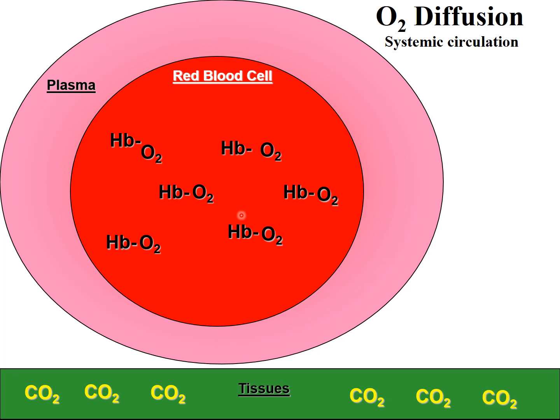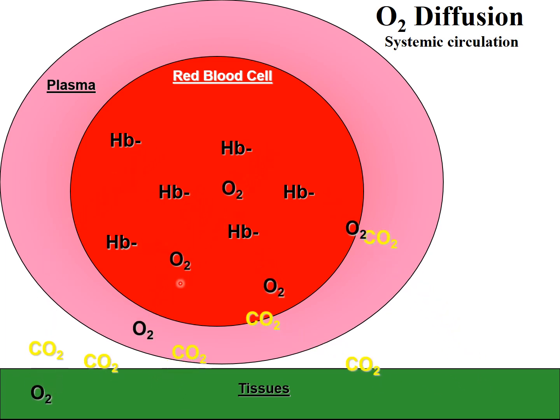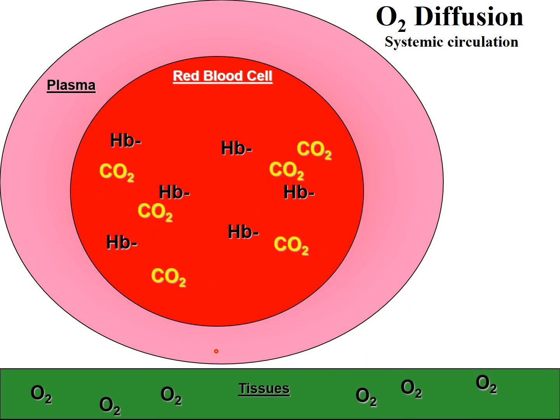Oxygen is going to diffuse into the tissues and carbon dioxide is diffusing everywhere, including the red blood cells as well. In this way, the tissues are oxygenated very well, and the carbon dioxide, which is in the plasma or in the red blood cells, as you see in this picture, mainly accumulates inside the red blood cell. But why?